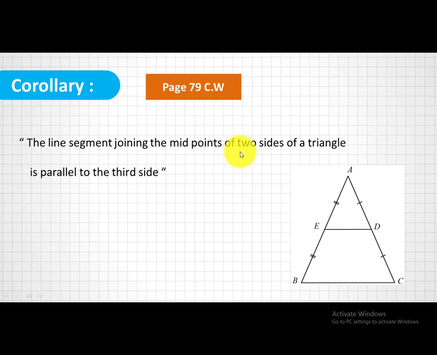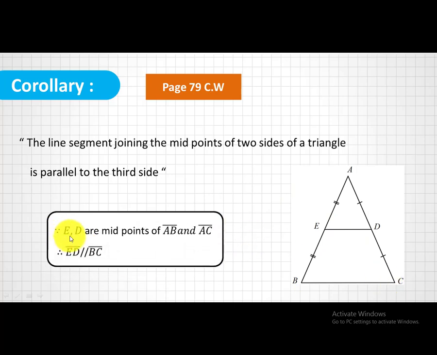Join the midpoints of two sides, means join between two points, point E and D. E is the midpoint of AB and D is the midpoint of AC. Is what? Is parallel to the third side, means line segment ED is parallel to line segment BC. Since E and D are midpoints of line segment AB and line segment AC, therefore line segment ED is parallel to line segment BC.